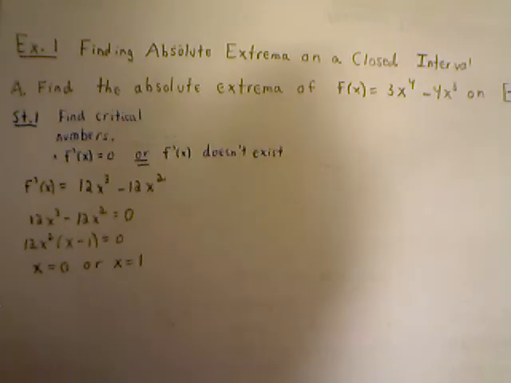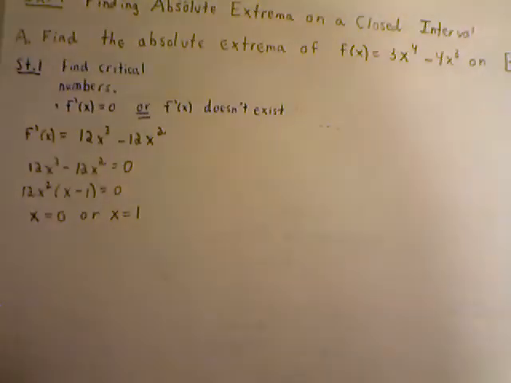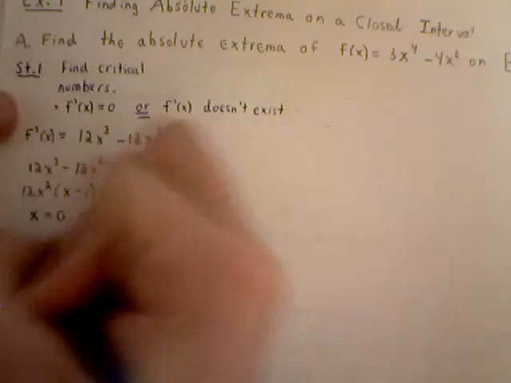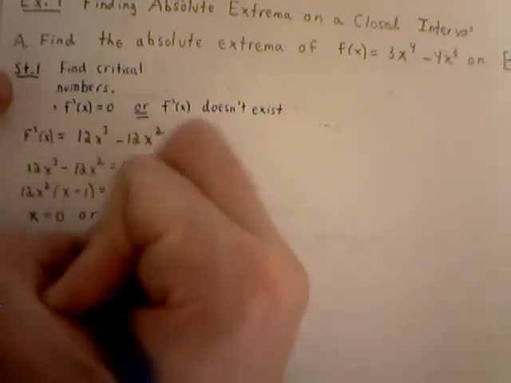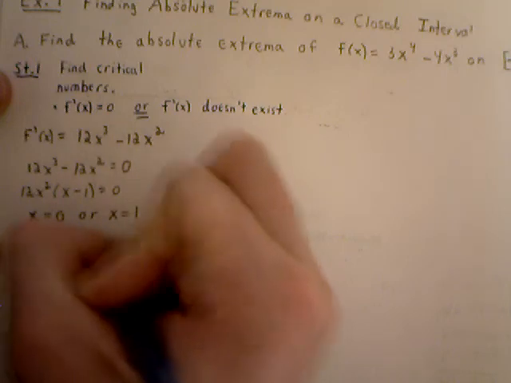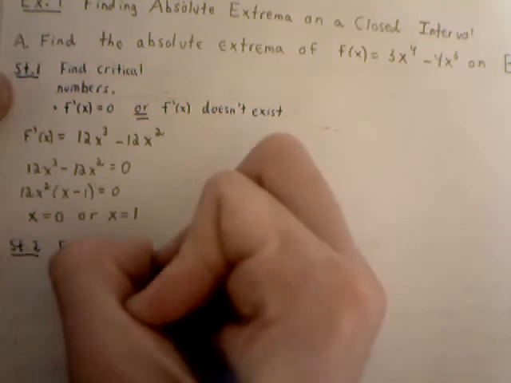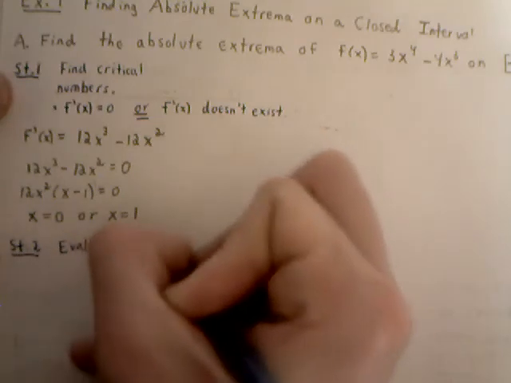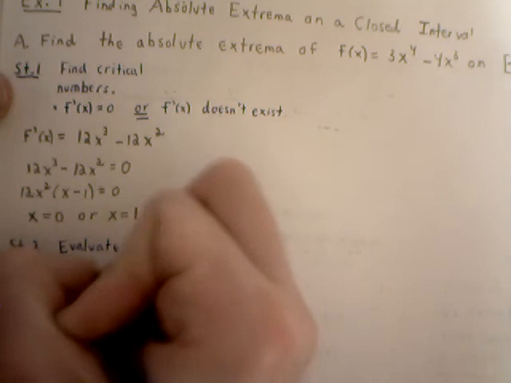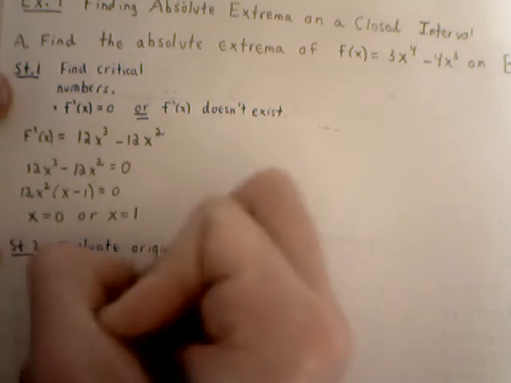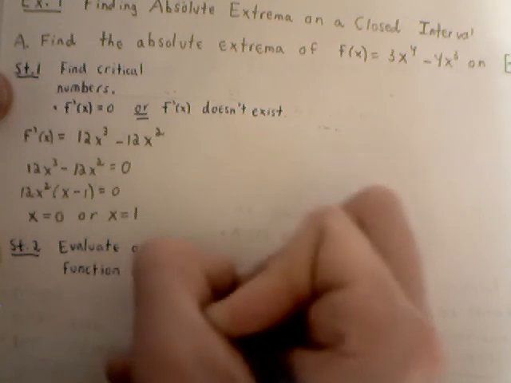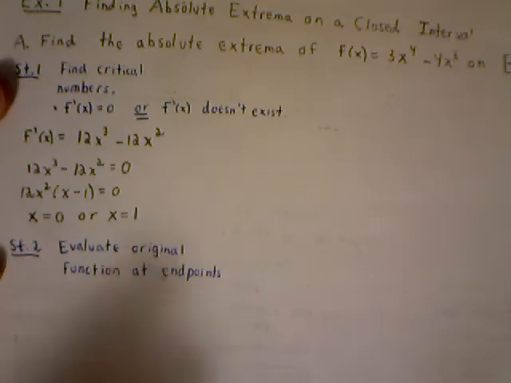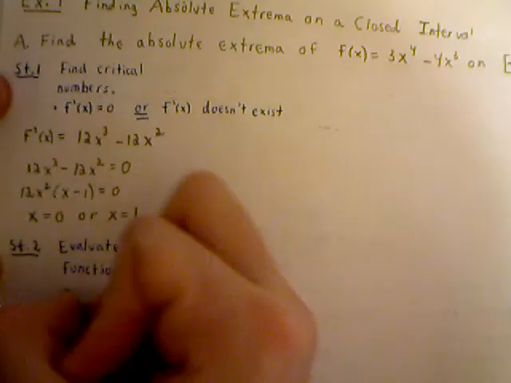So now, for step 2, we're going to evaluate the original function at endpoints and critical values.